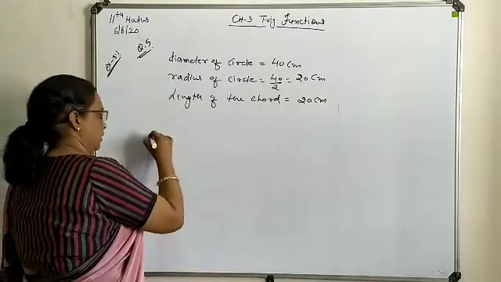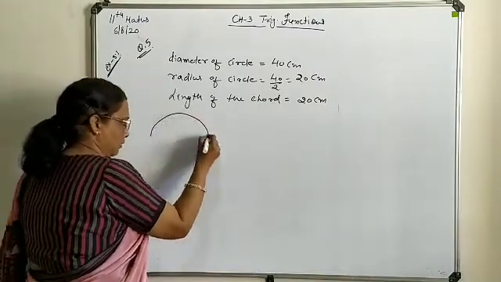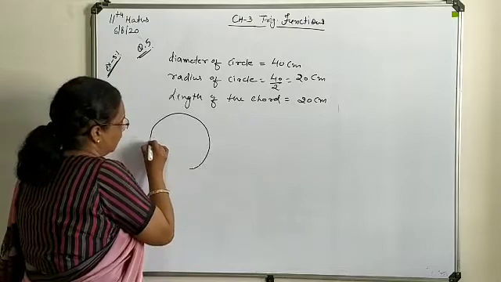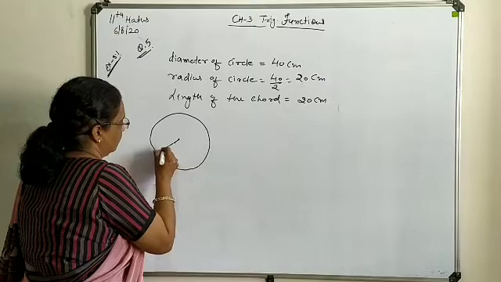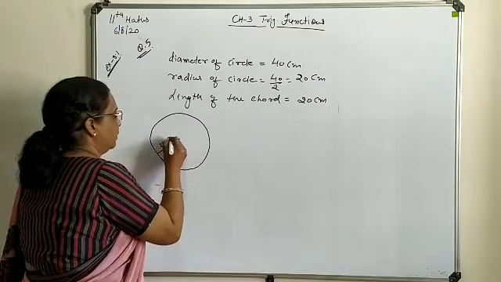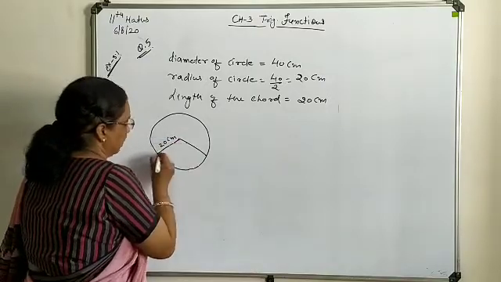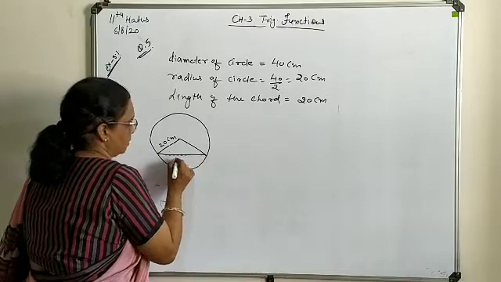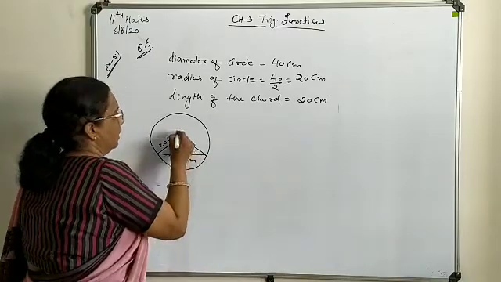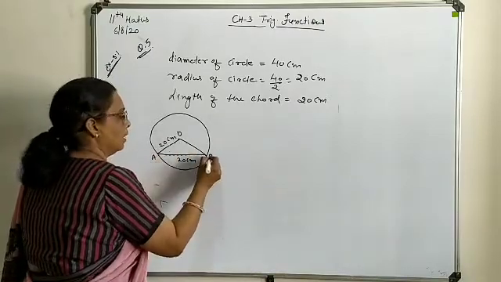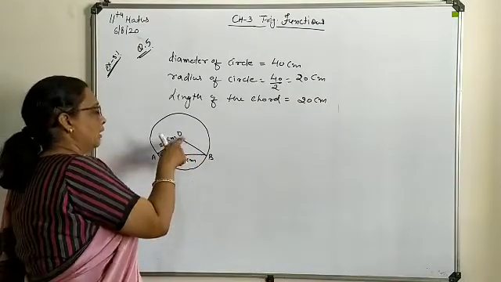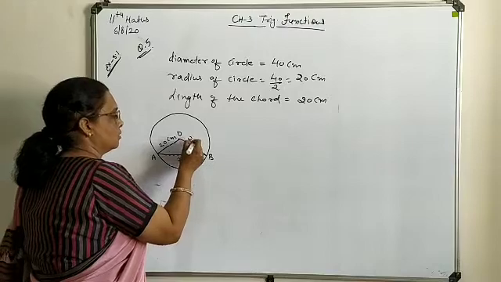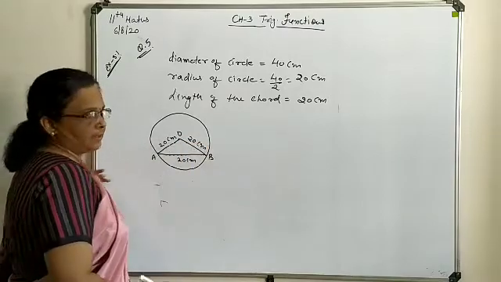On the basis of that we are going to make a diagram having radius 20 centimeter and a chord which is also 20 centimeter. This is the center O, and this is the chord AB. Now this is also a radius, so this is also 20 centimeter.